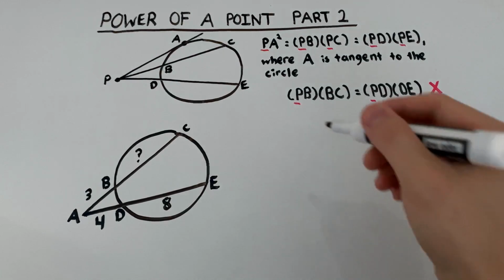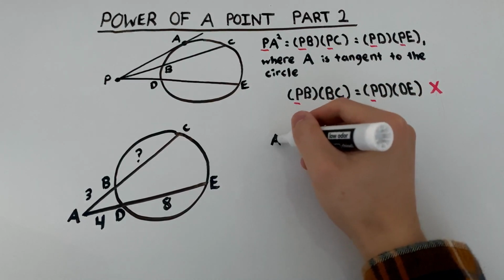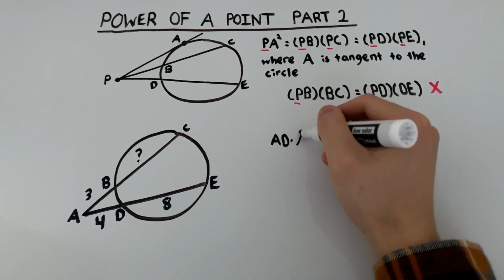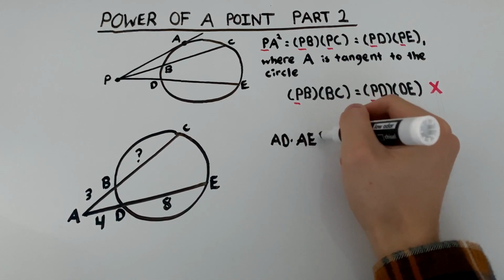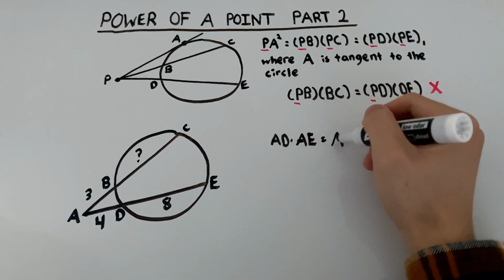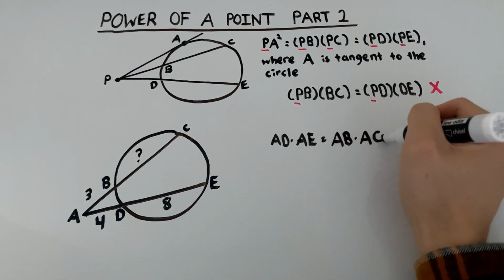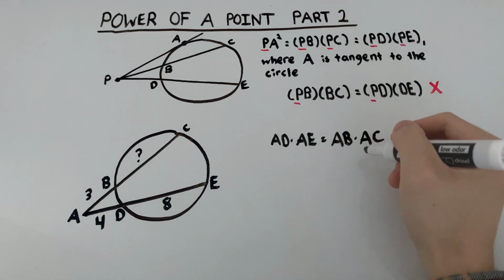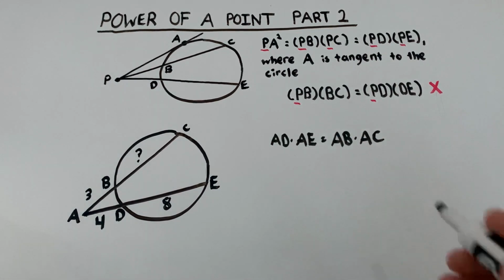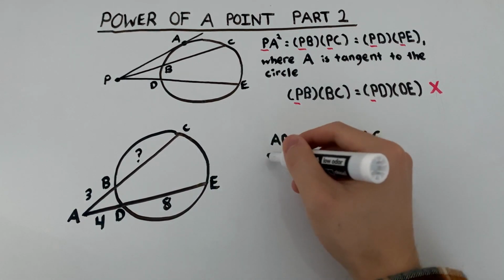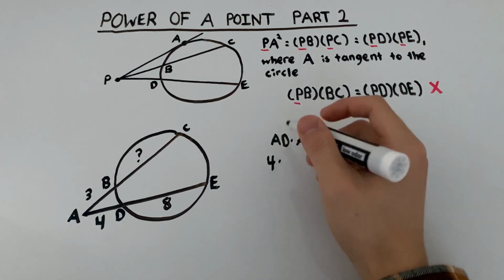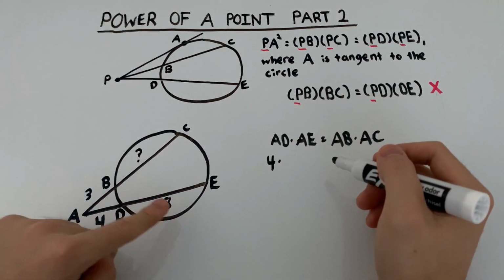So by power of a point, AD times AE equals AB times AC. Let's fill in what we know. So AD is 4. AE is 4 plus 8.